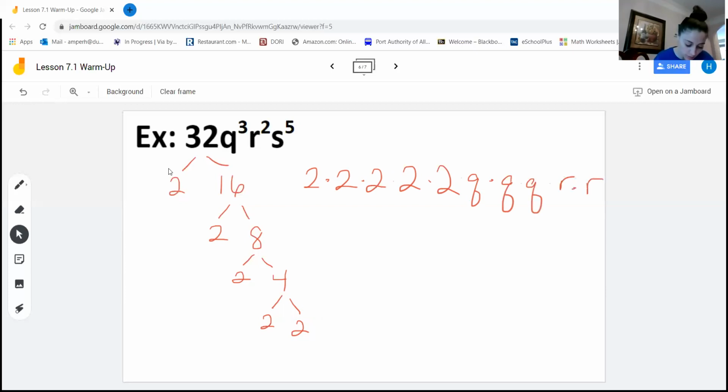And so we're going to be multiplying this whole thing on top by these 5 s's. I just can't fit it all in the same line. So multiplied by 5 s's.